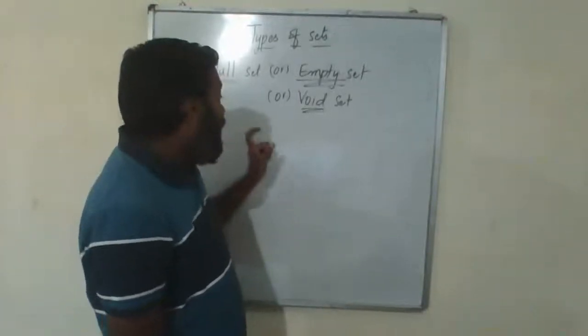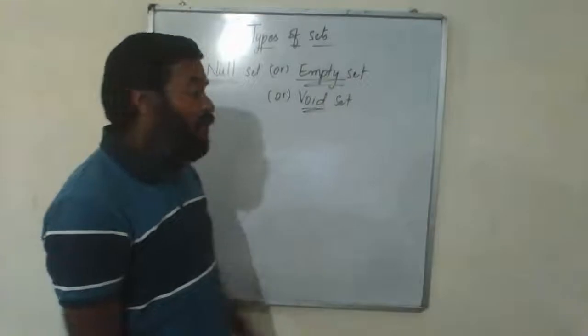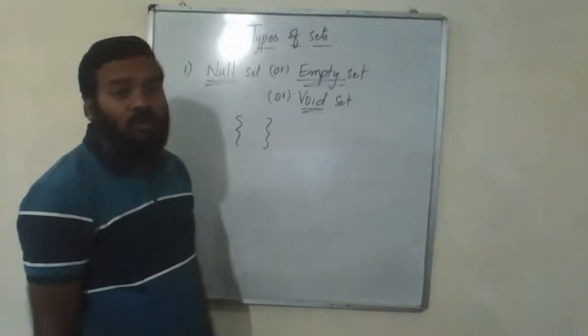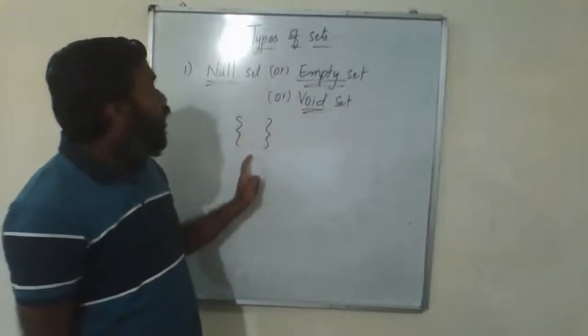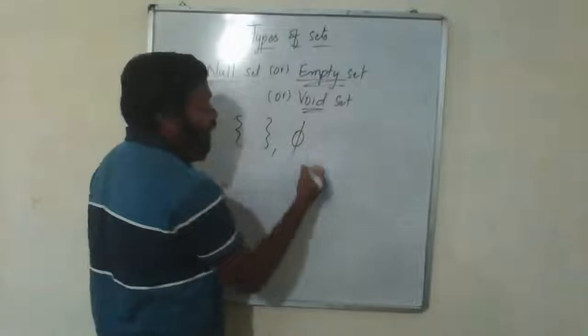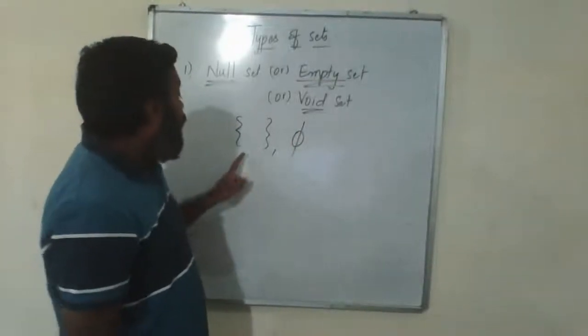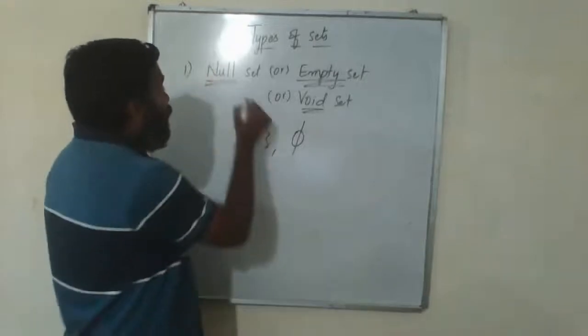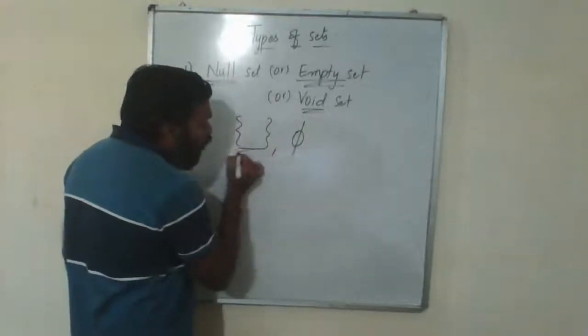That means the set is empty. The null set, empty set or void set is represented by only flower brackets or the Greek letter phi. That means there is no element in the set.